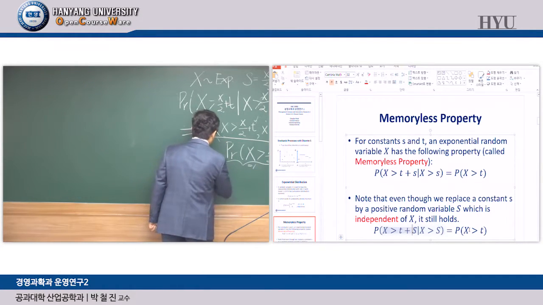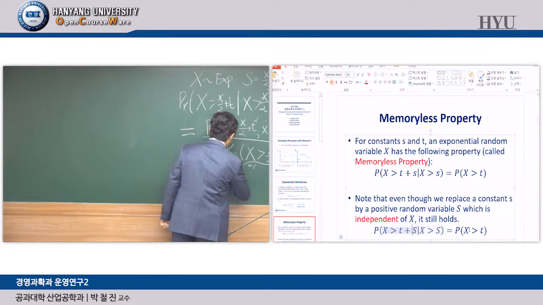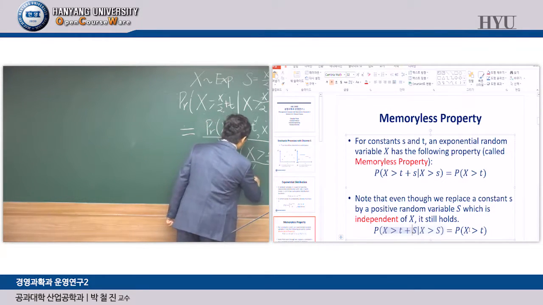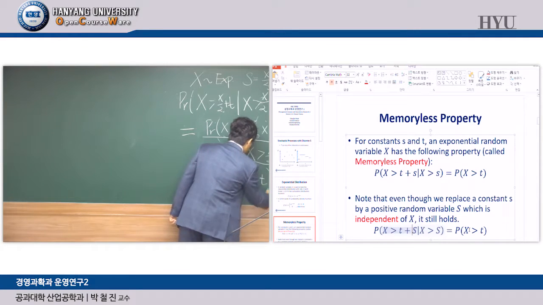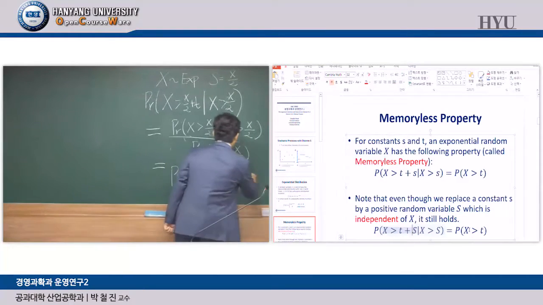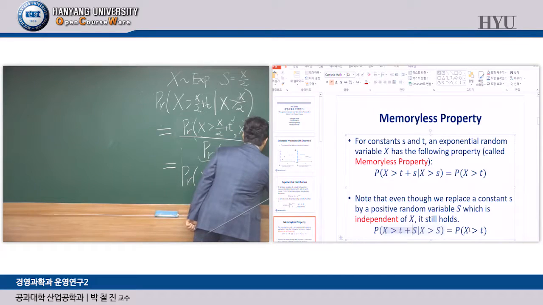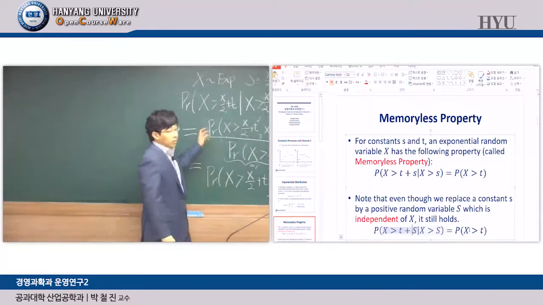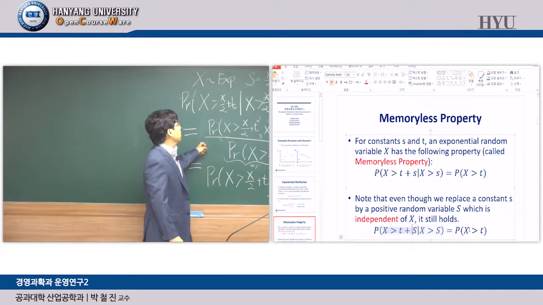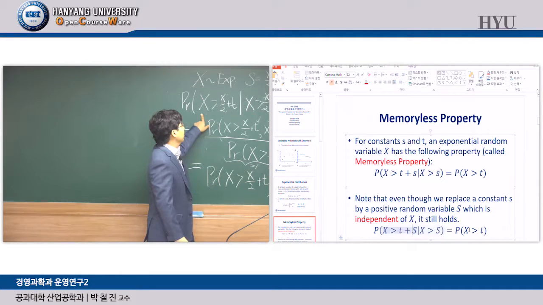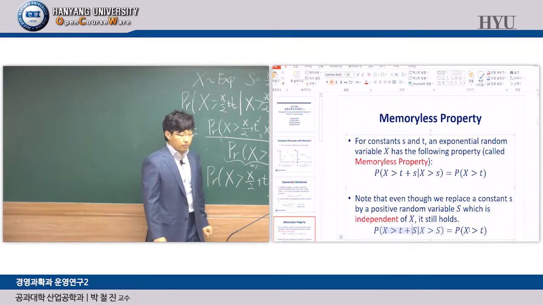So this whole probability can be rewritten in terms of X, and this is not the same as the probability that X is greater than t, right? So based on the example, we can see that S is not independent of X. In this case, S equals X over 2. In this case, the memoryless property does not hold.